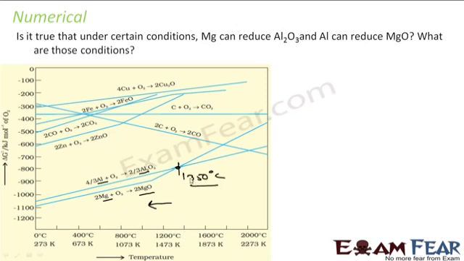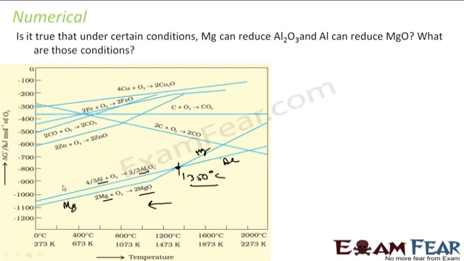At any temperature below 1350 degrees Celsius, magnesium will be able to reduce aluminum oxide, Al2O3. At any temperature above 1350, this is the line for Mg and this is the line for Al, so aluminum will be able to reduce magnesium oxide, right?